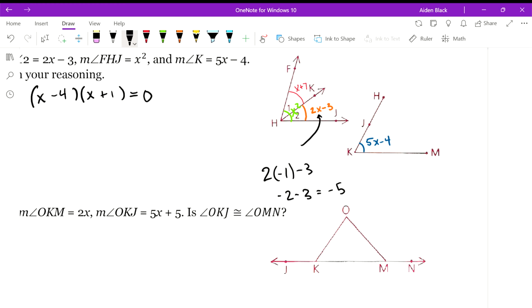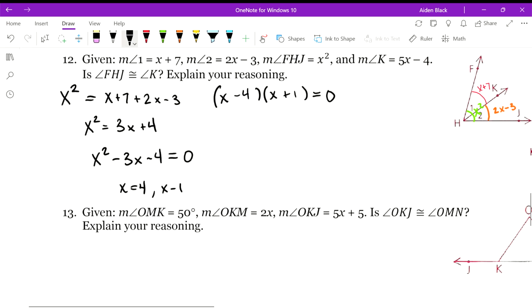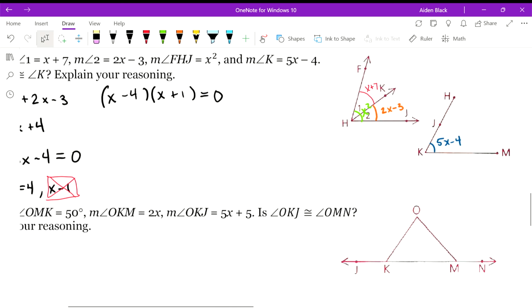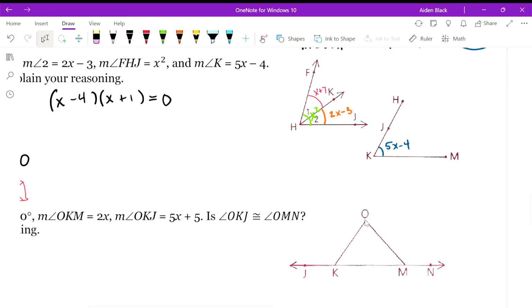And that doesn't make sense for our angle to be a negative value, at least at this point in time in geometry. So we know that we don't want to use this guy. Instead, we'll use +4. So let's plug it in.